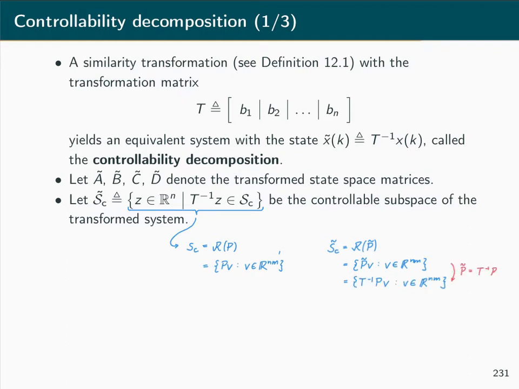And now with the formula that P tilde is equal to T inverse times P, which can easily be verified by just substituting the transformed state space matrices A tilde and B tilde, we obtain that SC tilde is equal to the set of T inverse times P times V for all vectors V. And so the result follows immediately by comparing these two formulas.